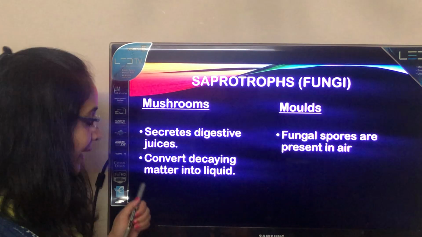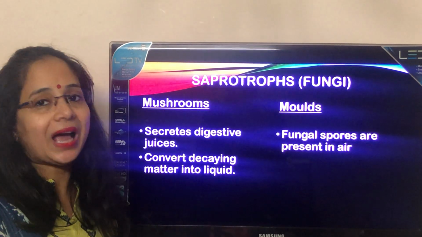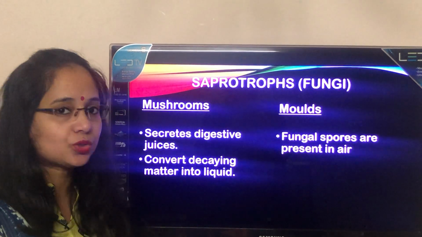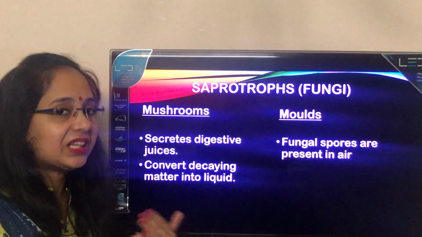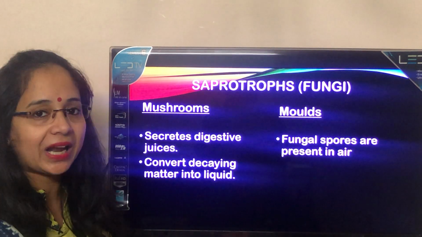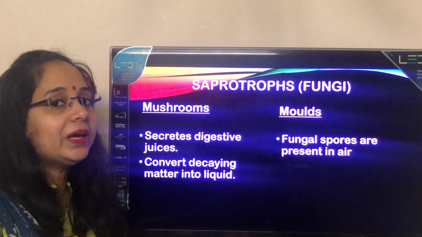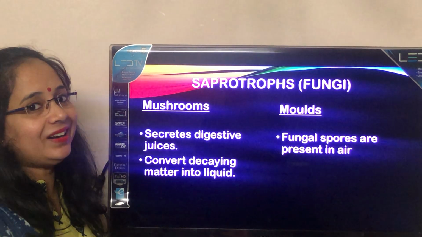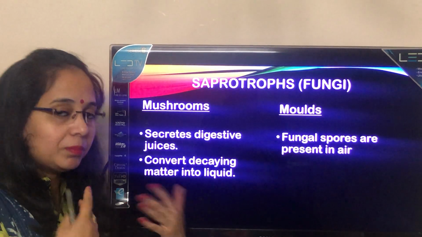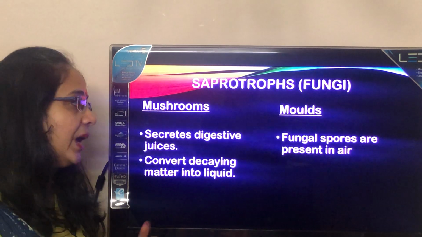To convert decaying matter into liquid. As mushroom cannot make its own food, it has to take it from organic matter. So by secreting digestive juices, it converts organic matter into a form which can be absorbed. So mushroom converts dead and decaying organic matter into liquid, which it can easily absorb.